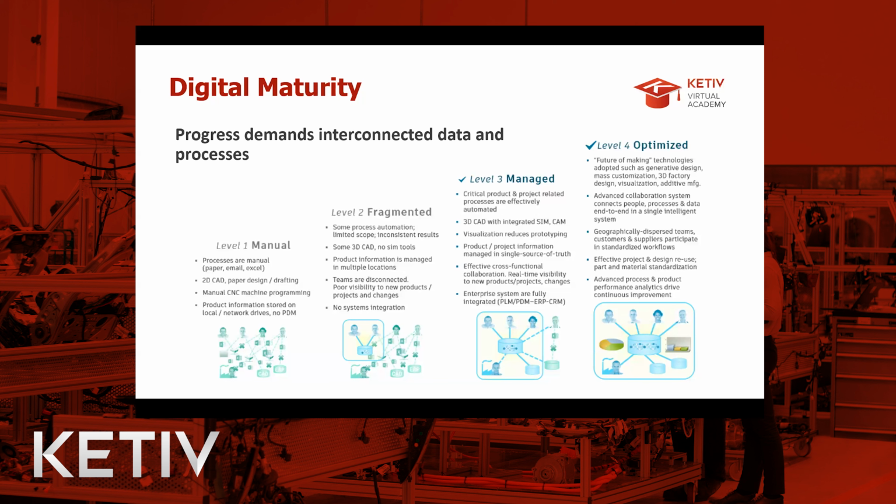You've got some process automation, maybe some CAD, things like that. But in each one of these levels, you can find different areas to start utilizing an integration platform like KETIV Data Bridge. So you have maybe level 1, there's stuff inside of level 1 you can automate, but what gets you to level 2 is when you start integrating level 1 to level 2 data, level 2 to level 3 data, and then up to level 4.